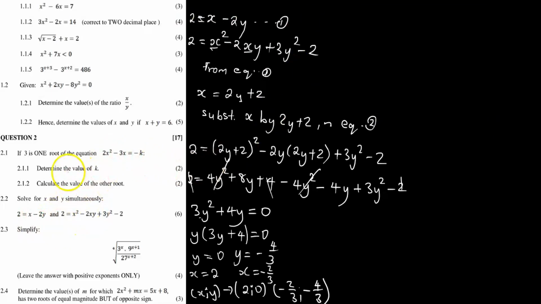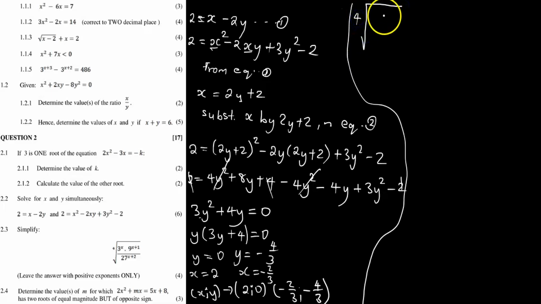And then we go to 2.3, simplify. Now what are we simplifying? We are simplifying a set there. So the expression is the fourth root of 3 power x multiplied by 9 power x plus 1, and all this is over 27 power x plus 2.